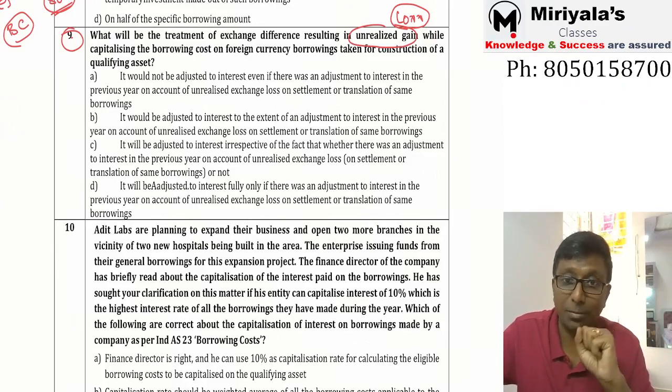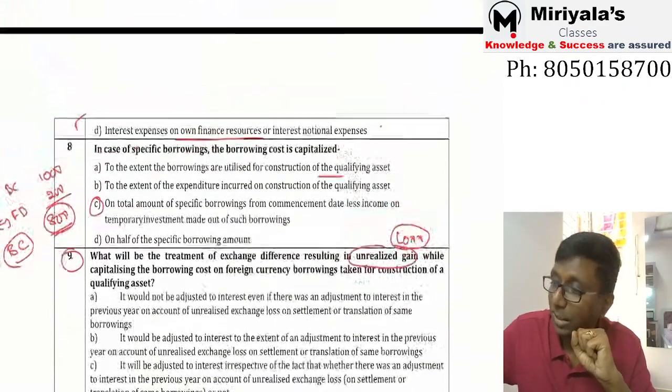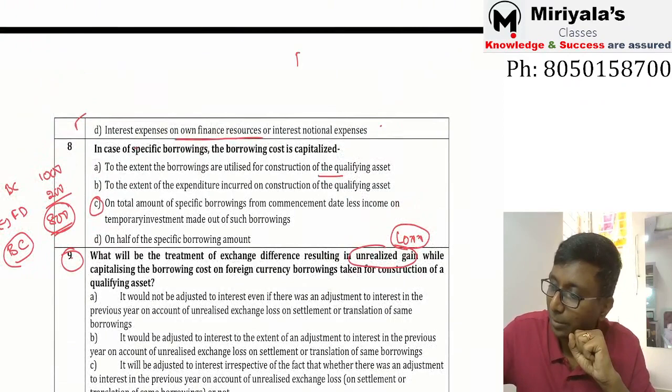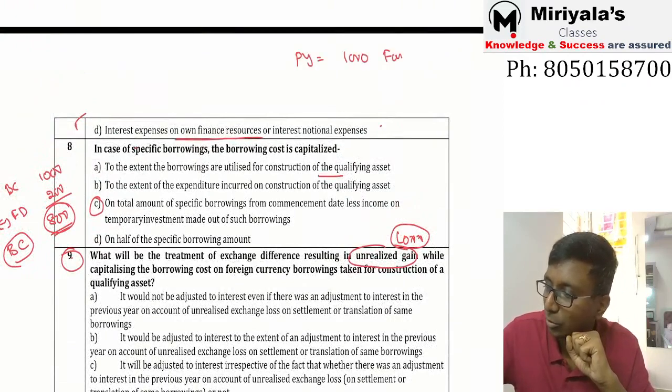But remember, keep it in mind. Suppose last year, the previous year, there was, say, sir, 1,000 rupees forex loss, sir. Excellent. But if 1,000 rupees forex loss, sir, we have already capitalized, sir. Okay, you have already capitalized. Okay, but in the current year we have got 800 rupees forex gain. You got it, sir.